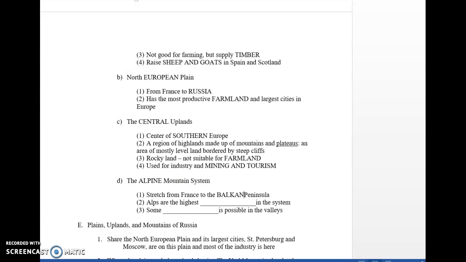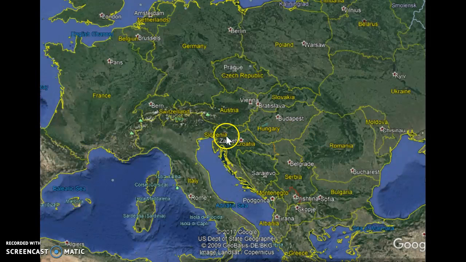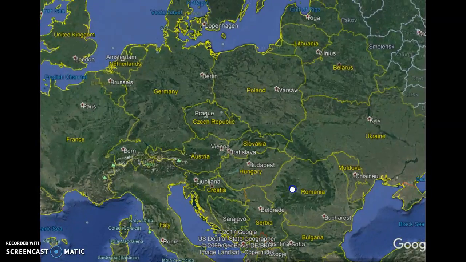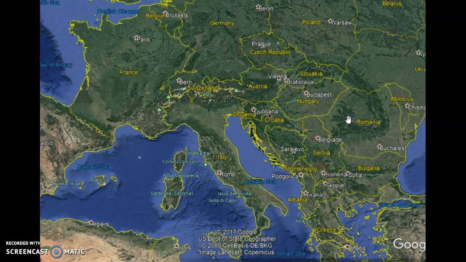If you look only at the Alps range, you don't see that. But the Pyrenees through here, and then you have the Alps, and then it comes over here and you see these are the Carpathian Mountains. All of this is one system with different ranges. So the Pyrenees into the Alps, into the Carpathians, one mountain system. And that's the Alpine mountain system.